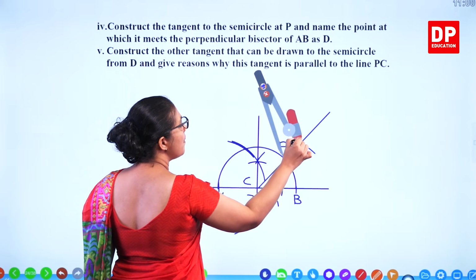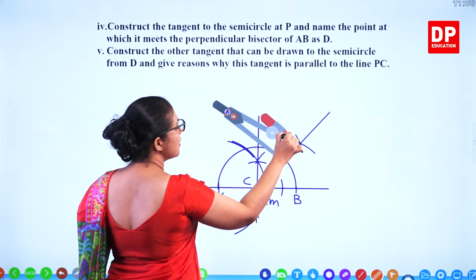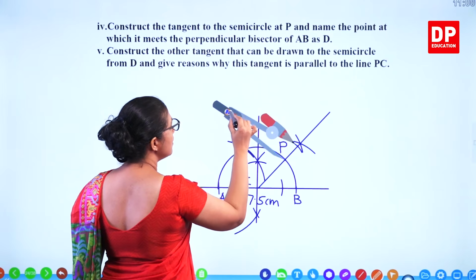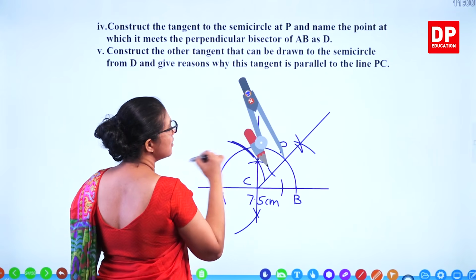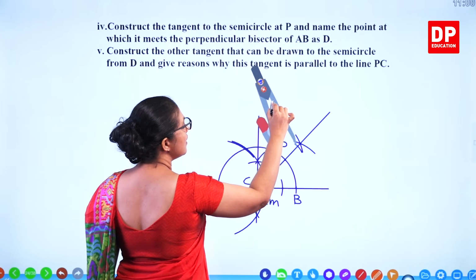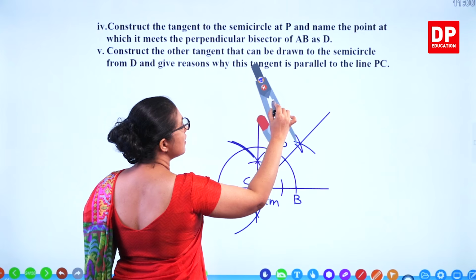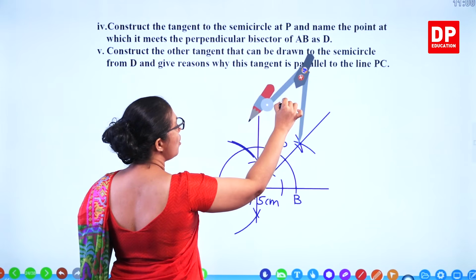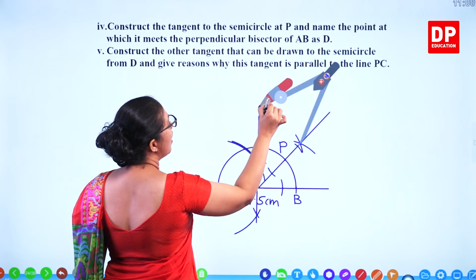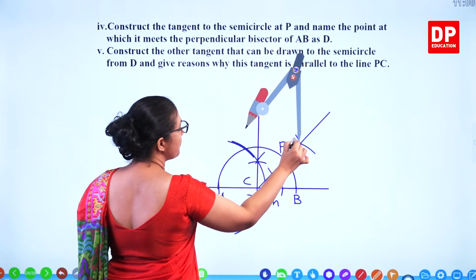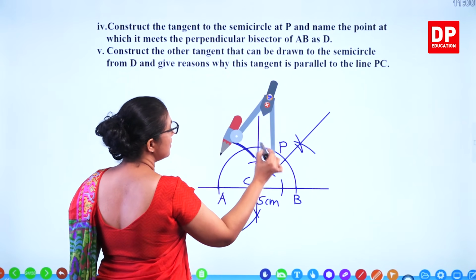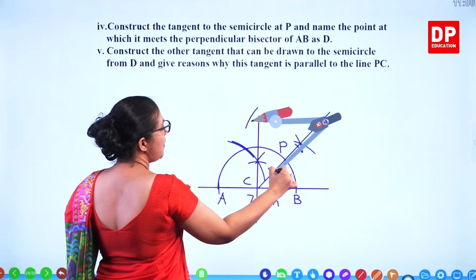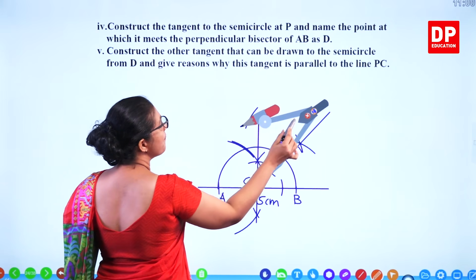You have to draw a perpendicular at P. So draw an arc here, arc to this side, and take a long distance and draw arc in the middle, and here another arc keeping the compass there.